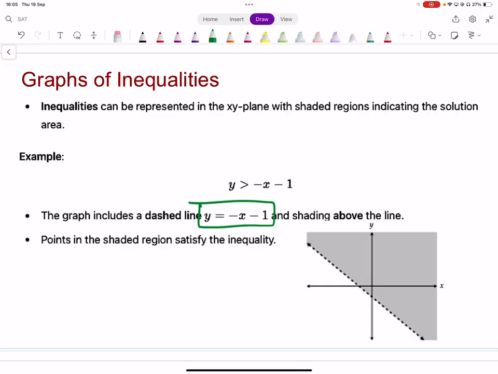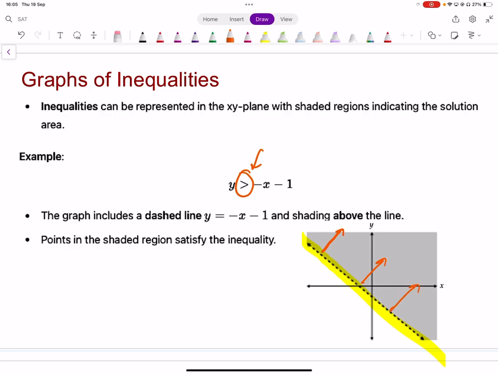You take 2 sets of points, join them, and you get a line. This is the line that you get. Now the inequality is y greater than minus x minus 1. What does that mean? The part above the line is what satisfies this inequality. So you shade the part that is above the line like this.